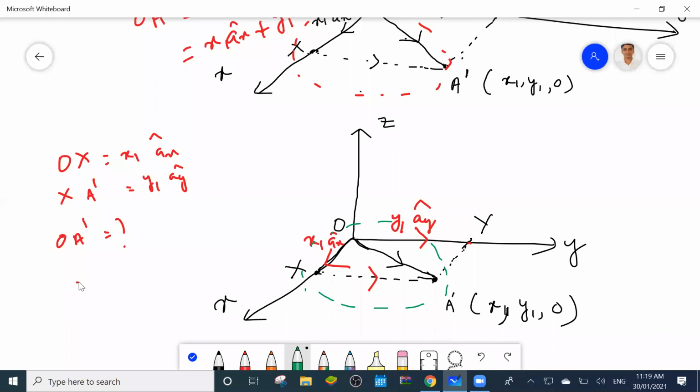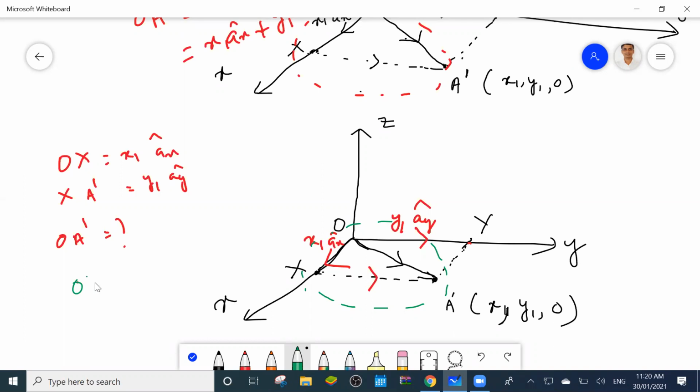The triangle law is, look here, this is OX in this direction, then this is again the same direction, but this one is the opposite direction. So if you take these two as positive, then you have to take OA dash as negative.